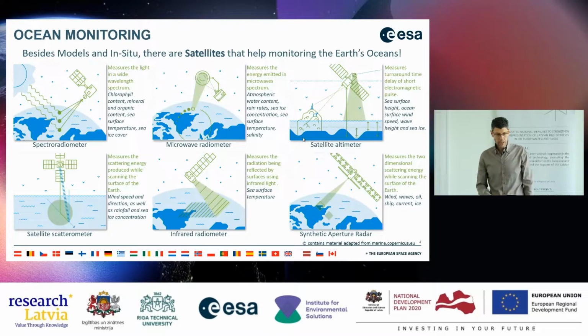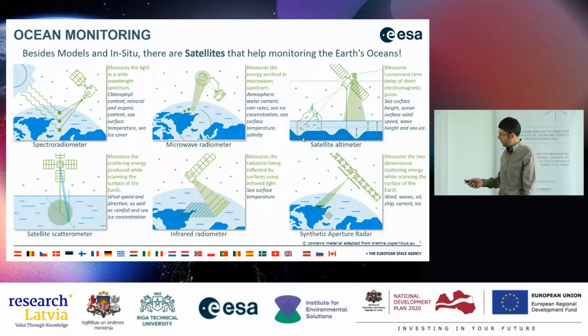Then we have the scatterometer, which also measures the scattered energy while scanning the Earth's surface and is commonly used for wind speed and direction. So it's quite a good instrument. Then we have the infrared radiometer, which measures the radiation in the infrared light and is specialized for sea surface temperature.